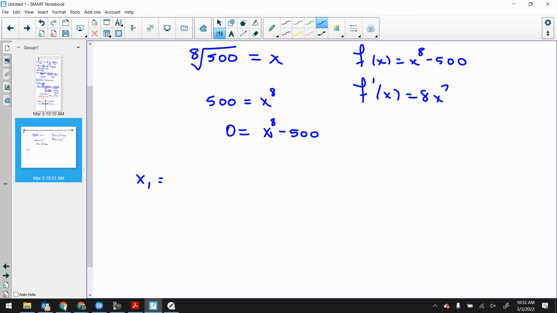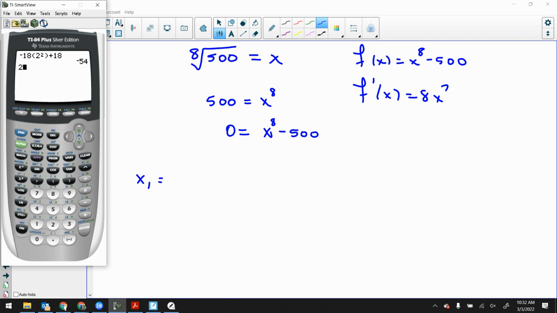If I'm finding the 8th root of something, 1 to the 8th power is 1. 2 to the 8th power is 256. 3 to the 8th power is 6,561. So I know it's closer to 2 than it is to 3, somewhere in between 2 and 3, right? That's how I know my starting value, it looks like I picked my starting value to be 2.